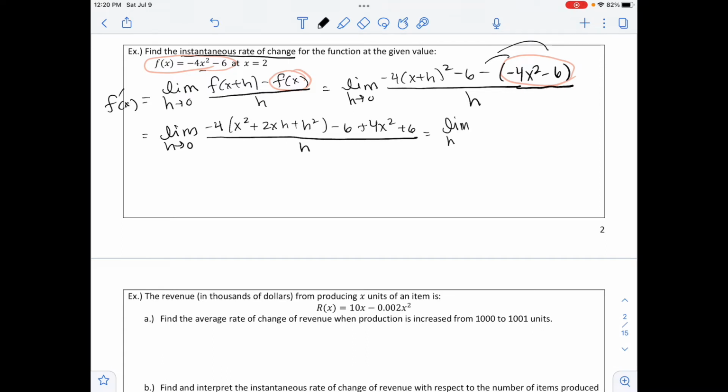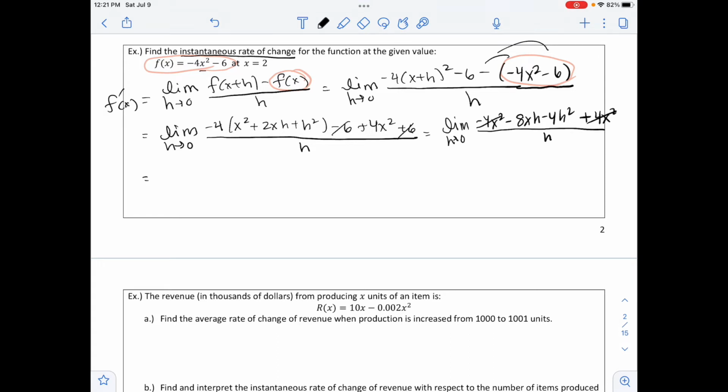From here, we have the limit as h approaches 0 of, distributing the negative 4, I'm going to have negative 4x squared minus 8xh minus 4h squared. Our 6's would reduce out, and then we have plus 4x squared all over h. From here, you can see that negative 4x squared and positive 4x squared would sum to 0, so those are gone. I also note that every single term left has an h in it.